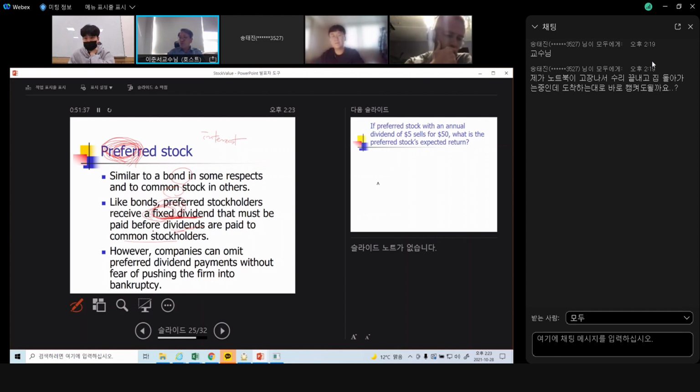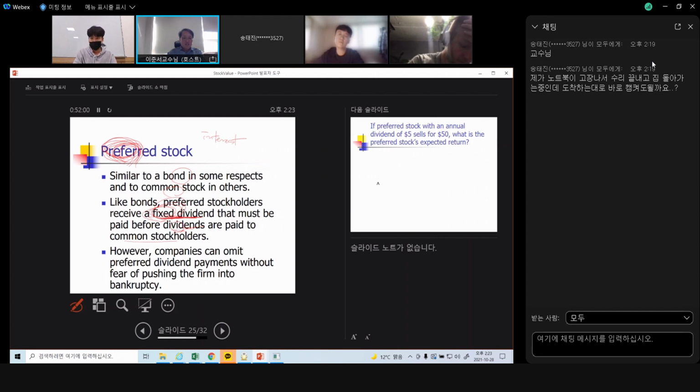So to provide the dividend to the common stockholders, the company should first give the preferred stockholders the dividend that was not provided last year and 2 years earlier. Okay, so that's the preferred stock.